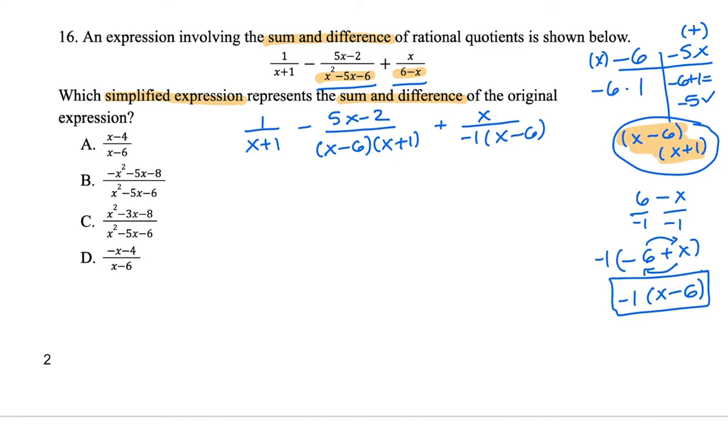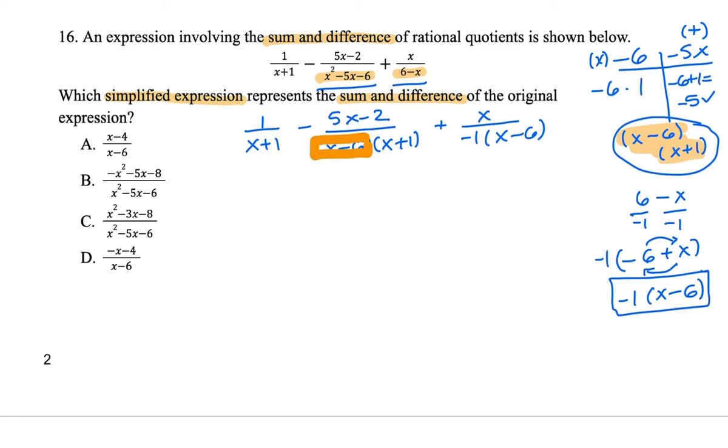By doing so, this is going to allow me to see what the denominators have in common, what they don't have in common, and whatever they don't have in common, to make sure to multiply it by the given fraction that does not have the missing factor in the denominator.